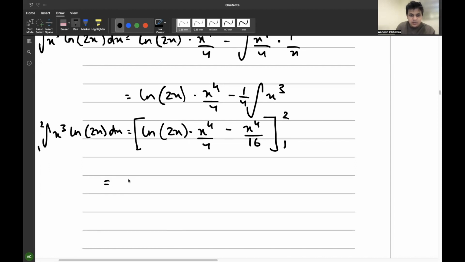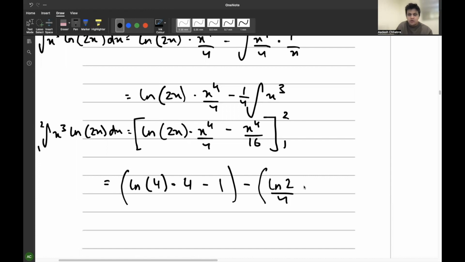So this would look like ln of 2 times 2, which is 4, times 2 to the 4 by 4, which is just 2 squared, which is again 4, minus 2 to the 4 upon 16, which is just 1. Take away ln of 2 times 1 to the 4 upon 4, minus 1 upon 16.